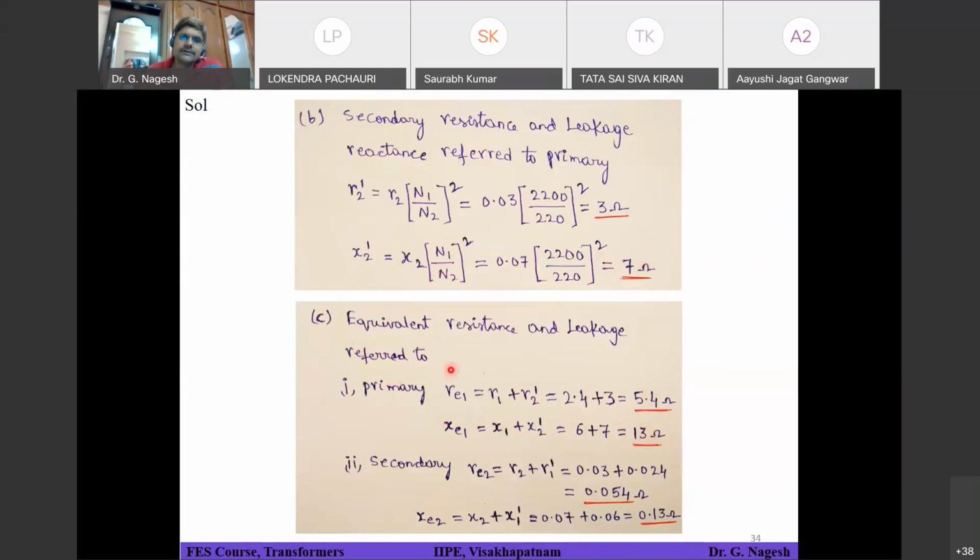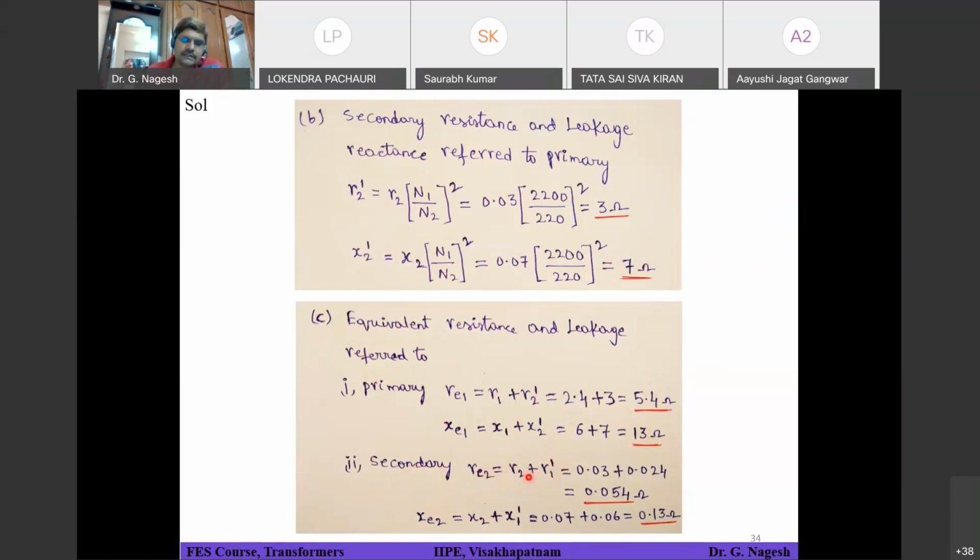Similarly, you can find the equivalent resistance referred to the secondary side, which is nothing but RE2. So RE2 is R2 plus R1 dash. Remember this terminology clearly, right? RE2 means equivalent resistance referred to secondary. So secondary resistance remains as it is and R1 dash will come into the picture.